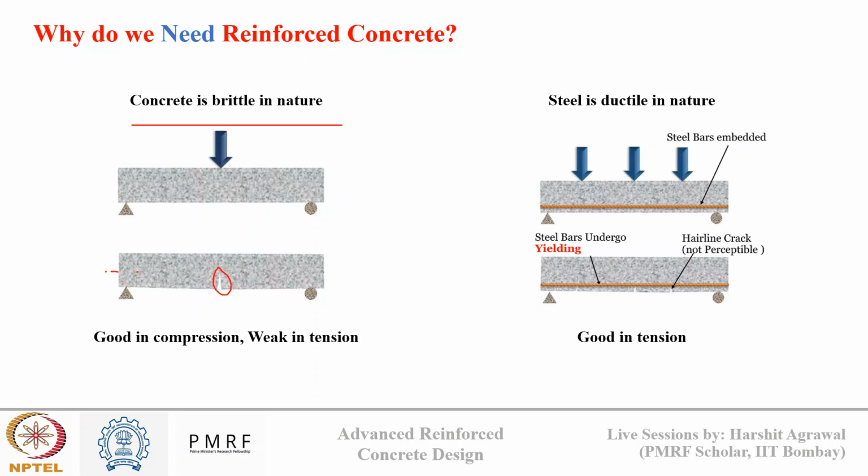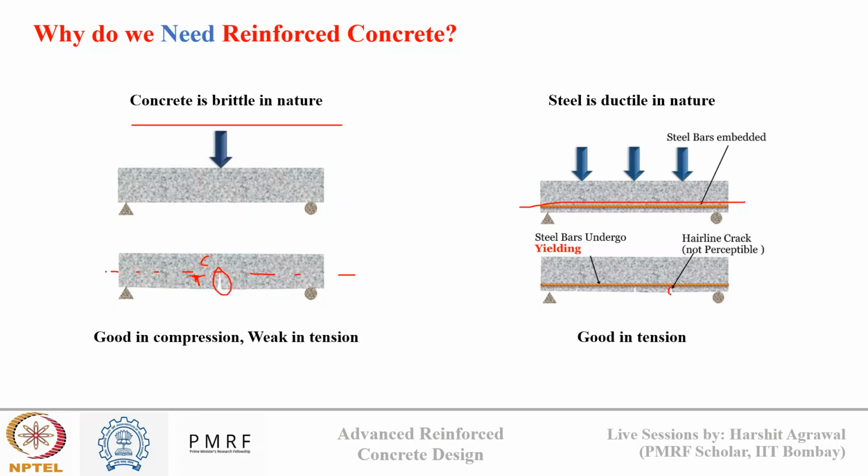So we know this is the neutral axis. Above this, there is the compression zone. Below this, there is the tension zone. Since concrete is very weak in tension, it will crack easily in the tension zone. Therefore, to make concrete strong in tension, we embed steel reinforcement inside concrete, which has high tensile strength. So what does reinforcement do?